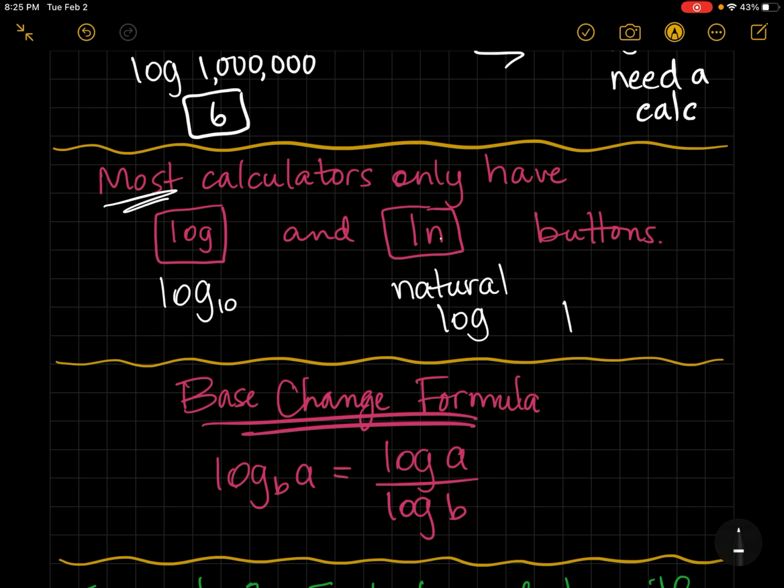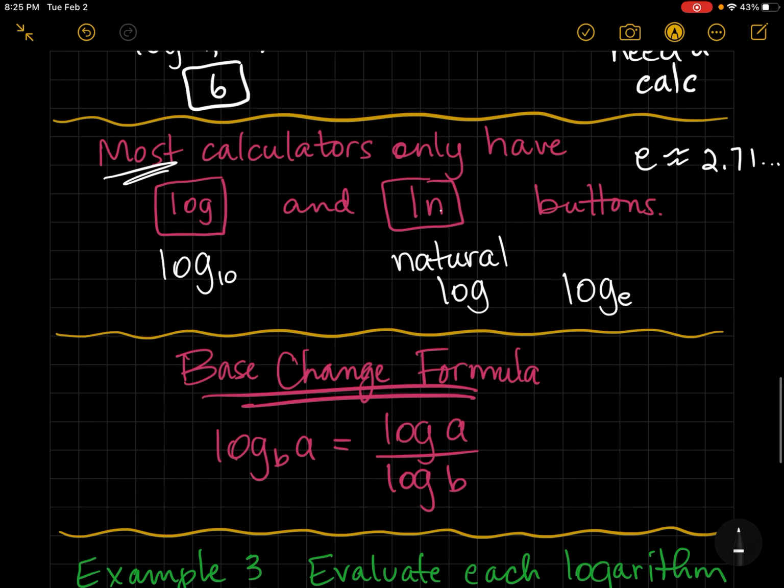This is log base E, and E is another transcendental number. It has a numerical value, which I'll be sharing with you. It's about 2.71. So there's some more numbers. I can't remember off the top of my head right now. Let's look. As a matter of fact, I think that would round up to a 2.